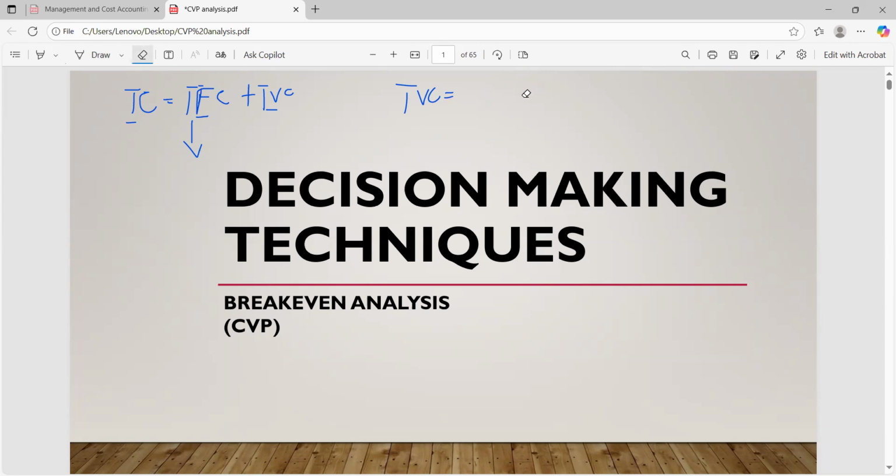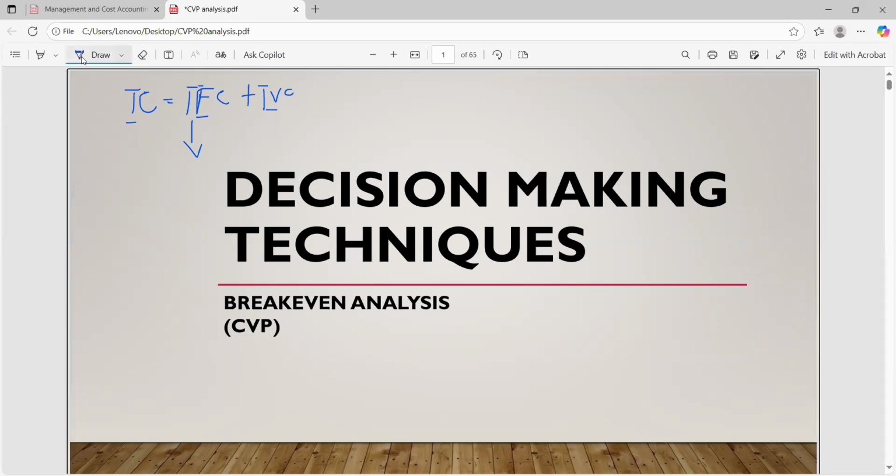What is break even? Break even is the point where our total revenue equals our total cost. So when our total revenue is equal to our total cost, then we say break even has actually occurred. Now, how do we determine total revenue?